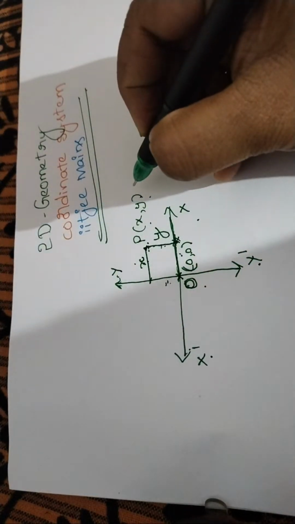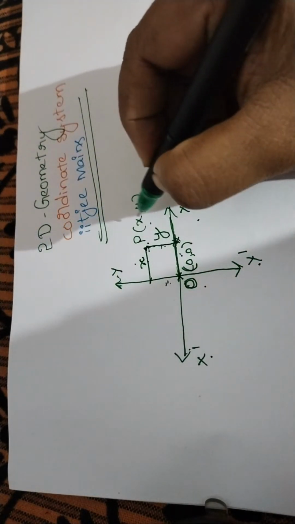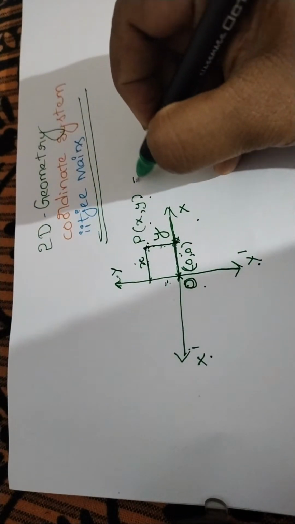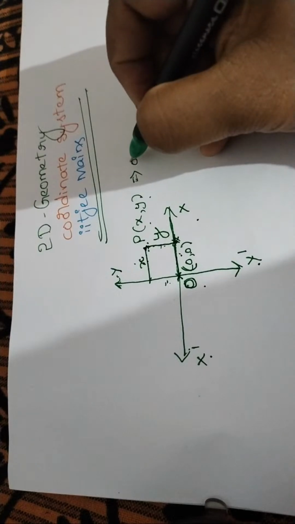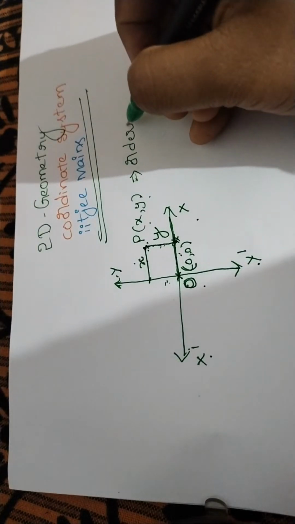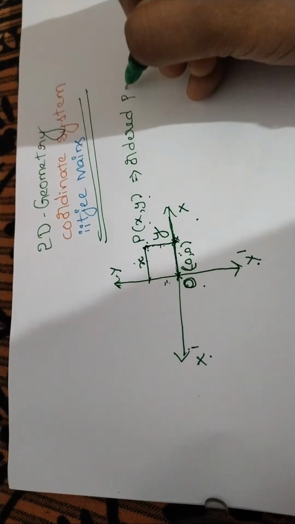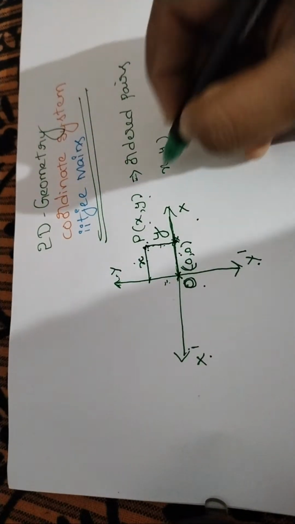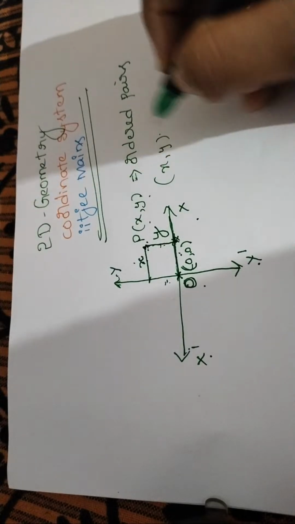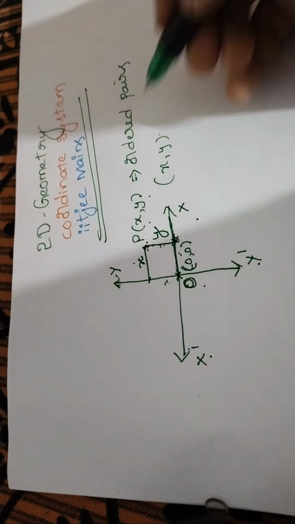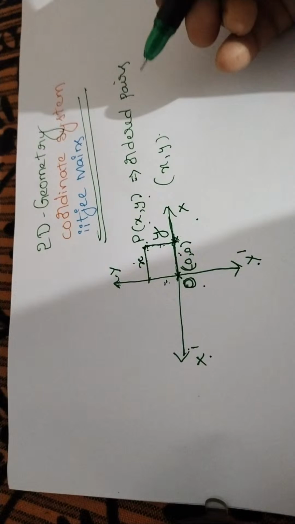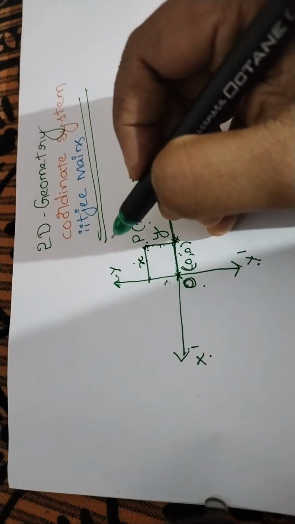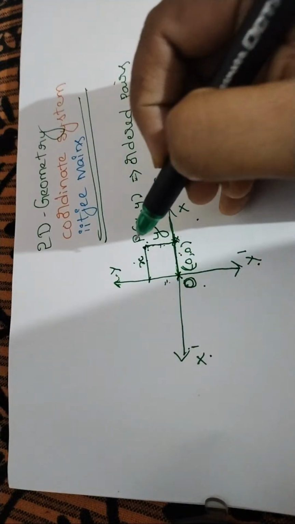Now we call these points x comma y ordered pairs. I'll repeat this, x comma y is an ordered pair. We call this x comma y in the coordinate system an ordered pair. And we will give names to these 4 subsystems.